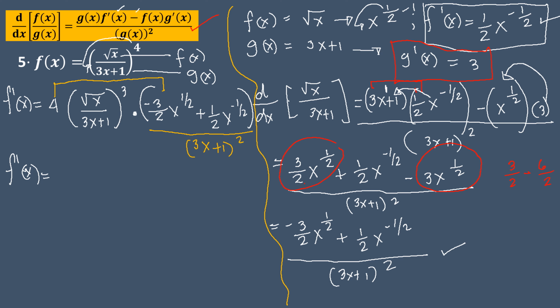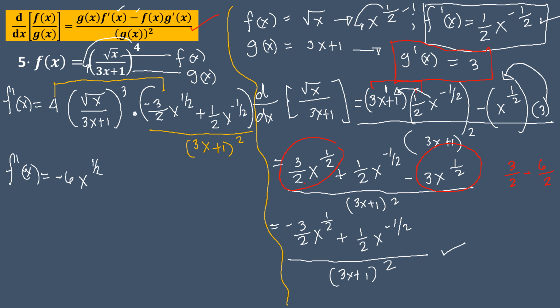So 4 times negative 3 is negative 12, divided by 2 will give us negative 6. And we copy x to the power of 1 half.